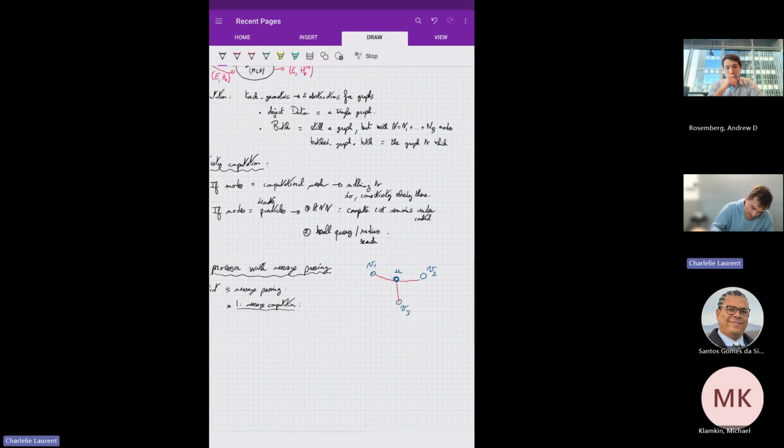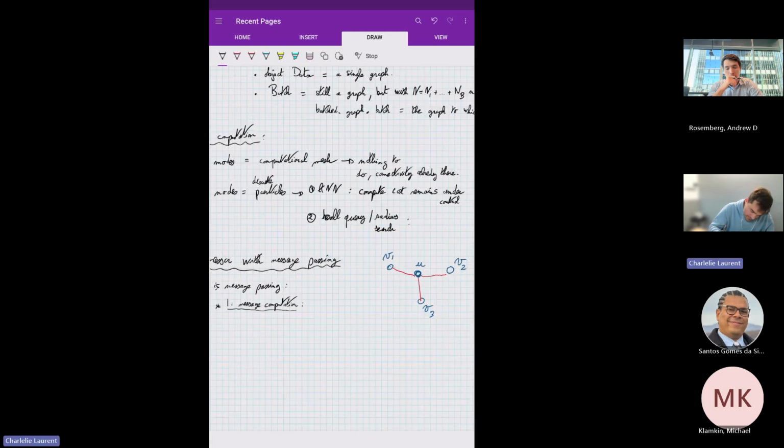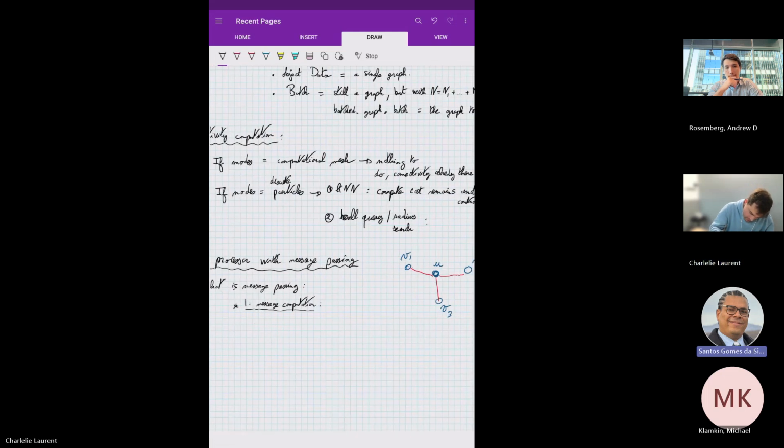So to compute the message, you are going to look at the message between U and one of its neighbors, V. I'm going to compute. You have some function.